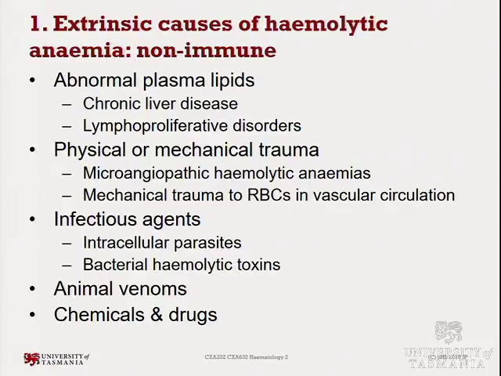Okay, so what is happening here is that something is happening in the small blood vessels of the body, so in the microvasculature of the body, which is resulting in hemolysis, in intravascular hemolysis of the red cells. And then we've got mechanical trauma to red cells within the vascular circulation. So this is a more direct trauma to the cells that we'll have a look at. Then we've got infectious agents, animal venoms, chemicals and drugs.